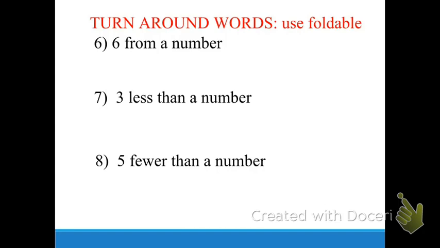Okay, go ahead and highlight those 3 turnaround words. So, here's what a turnaround word means. It means change the order that you're doing it in. So, in other words, if x is first and we have a turnaround word, x is going to be second.